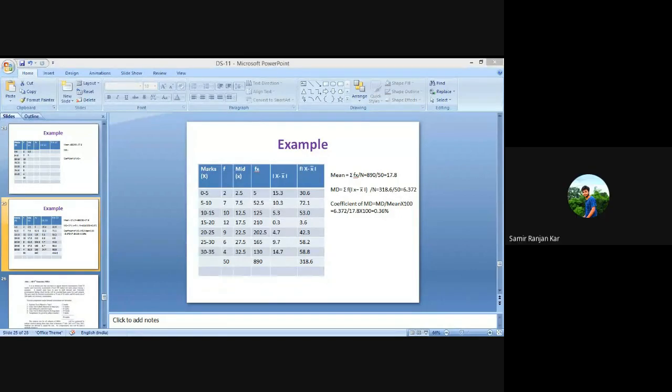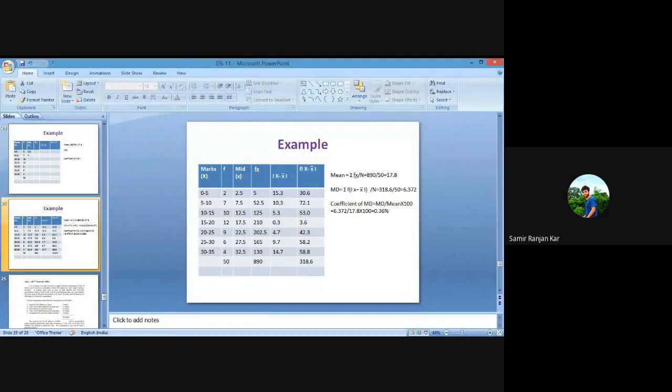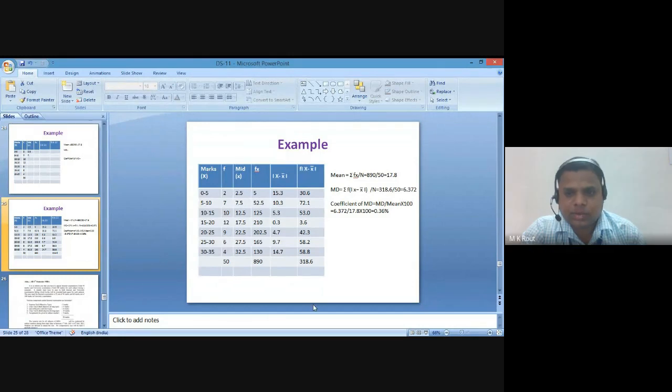So 35.79. Which one? The last, the coefficient. The coefficient of mean deviation: the mean deviation we got is 6.37. Is it clear? Divide by your mean. The mean is 17.8, into 100.